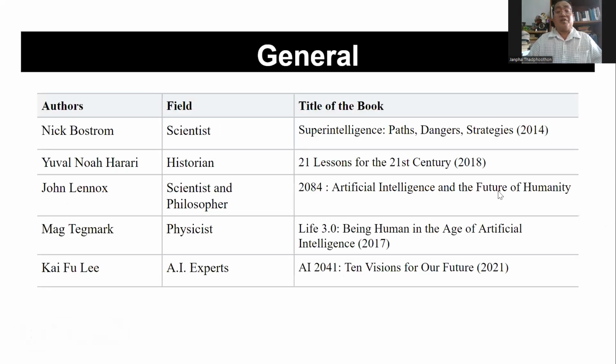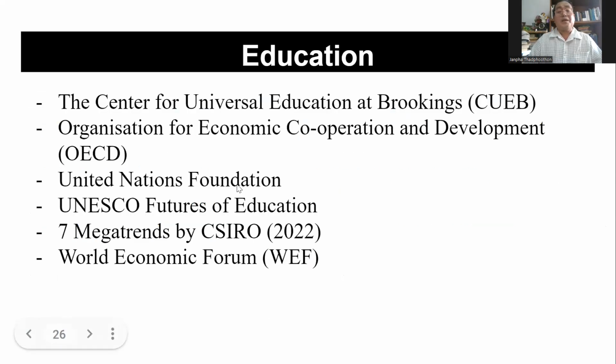So data sources come from the general, represented by these authors: Nick Bostrom, Yuval Noah Harari, John Lennox, Max Tegmark, Kai-Fu Lee, for example. And in education, we look at the predicted trends from the following: the Center for Universal Education at Brookings, the OECD, United Nations Foundation, UNESCO, CSIRO from Australia, and the World Economic Forum.